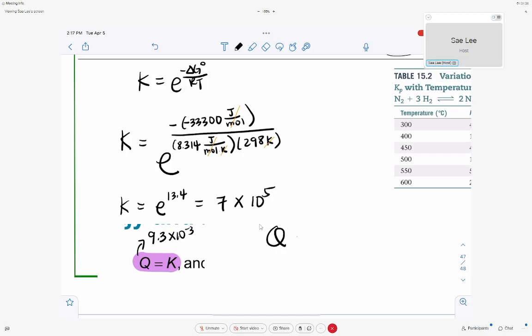Does it equal the K value? It doesn't, right? So the reaction condition from exercise 19.11 tells us that under that condition, the Haber process is not at equilibrium. The Q value is actually smaller than K. What does Q smaller than K indicate? Again, if you forgot, revisit chapter 15. This tells us that the reaction shifts to the right.